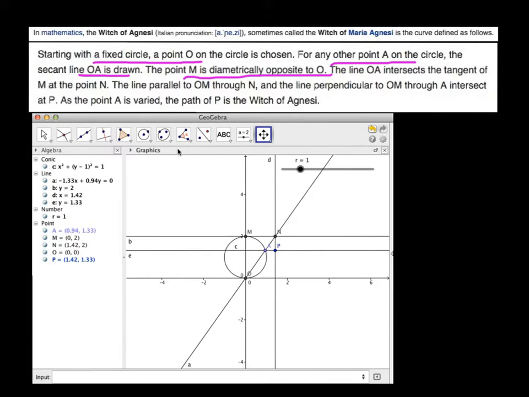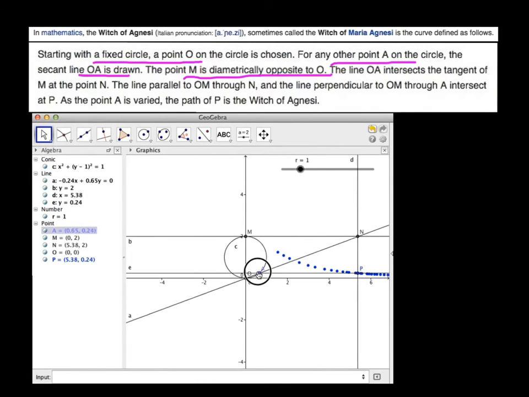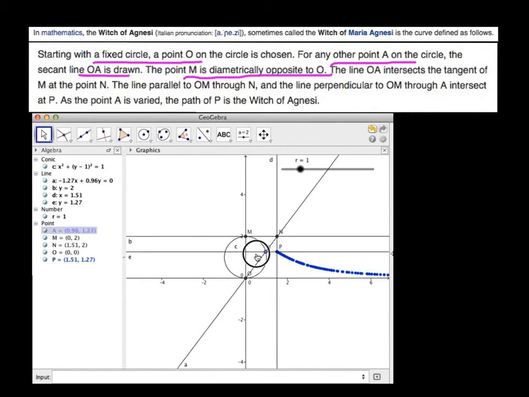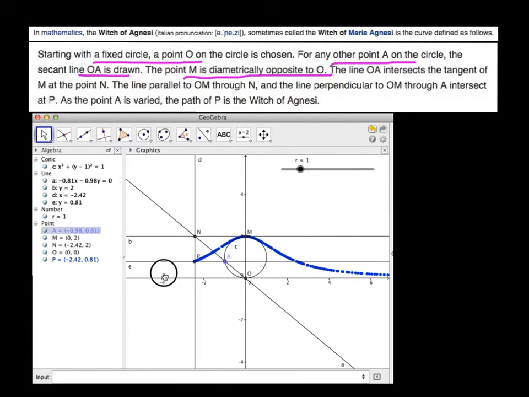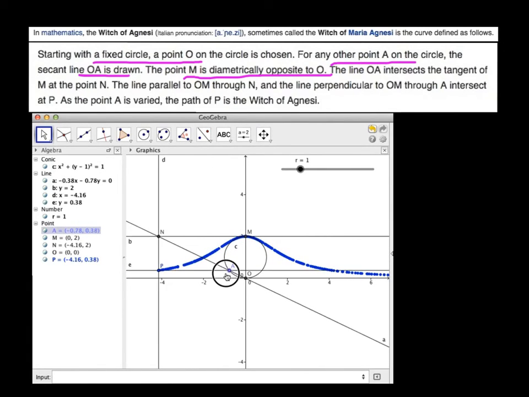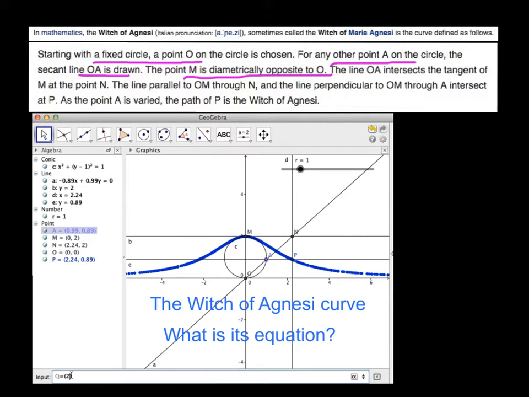I want to see the curve better, so I zoom out. And here is a curve defined by the point P. So here is the Witch of Agnesi curve, its shape.